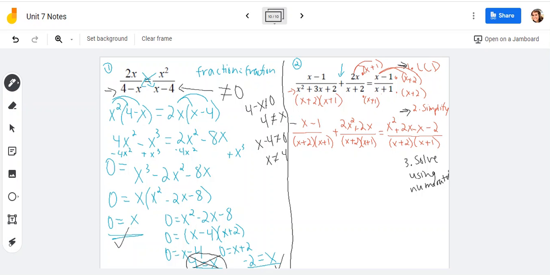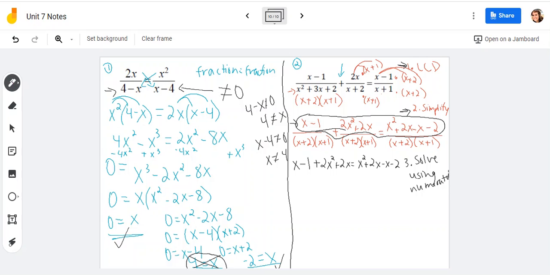So I'm just going to take this stuff across the top. Make sure to include these signs, that plus and that equals, and then I'll be able to solve my equation. So x minus 1 plus 2x squared plus 2x equals x squared plus 2x minus x minus 2.